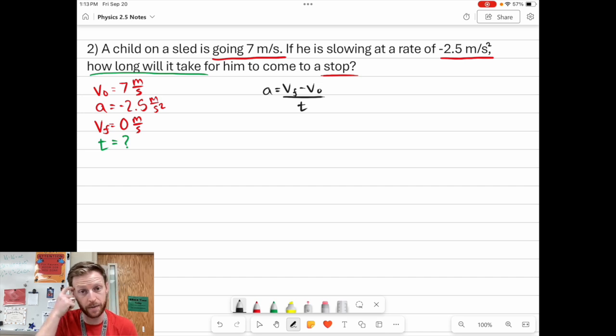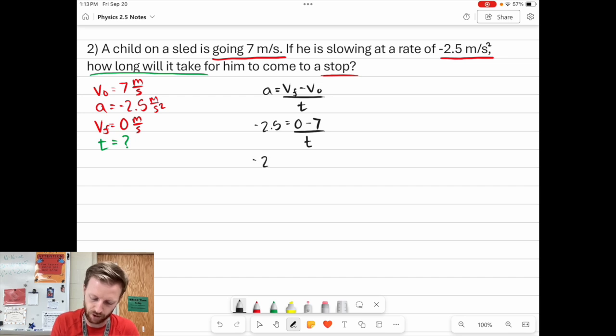So this is a good time to maybe pause the video and work through it yourself and maybe try. But if you're still having trouble, you're welcome to continue working it with me. Negative 2.5 is equal to 0 minus 7 over T. I'm going to solve that top part. Negative 2.5 is equal to negative 7 over T. I'm going to multiply both sides by T here.